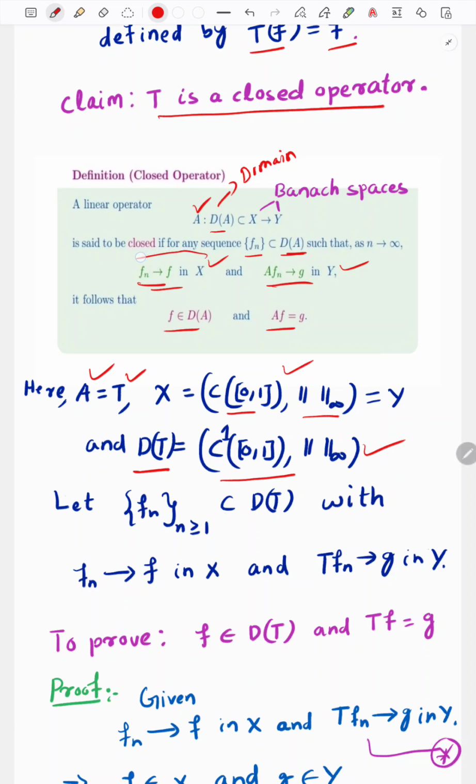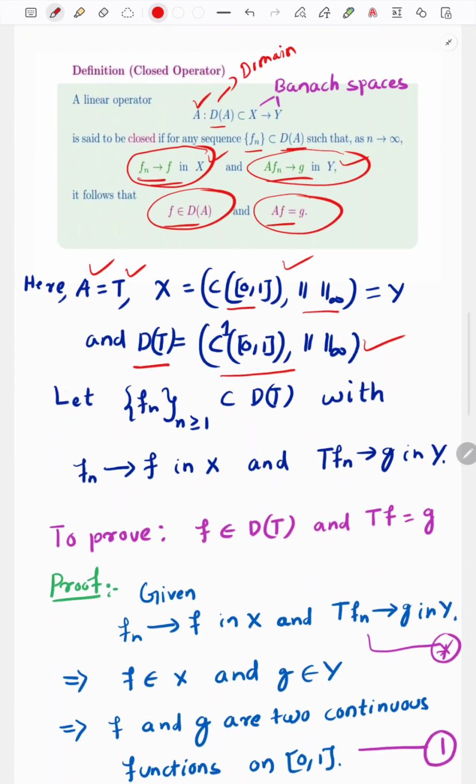We have to take these two things. Then we will prove that it will be true, okay. So we will take a sequence fn in the domain D(T) such that fn converges to f in X. In X means what? With respect to the supremum norm.